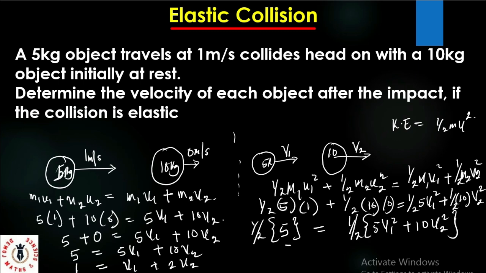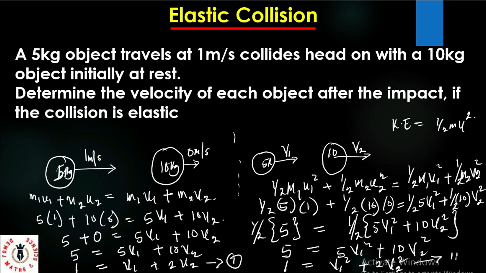Then I'll be left with 5 equals 5 v1 squared plus 10 v2 squared. Same way, we have 5 as a common factor again, so we can reduce it. This is 1 equals v1 squared plus 2 v2 squared. I'll call this my equation 1 and I'll call this my equation 2.